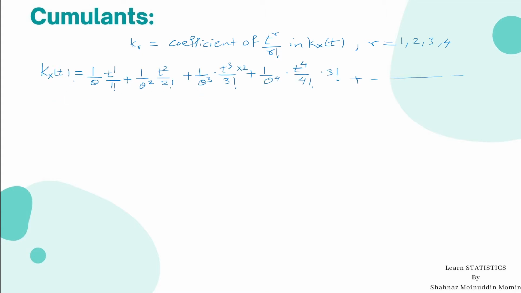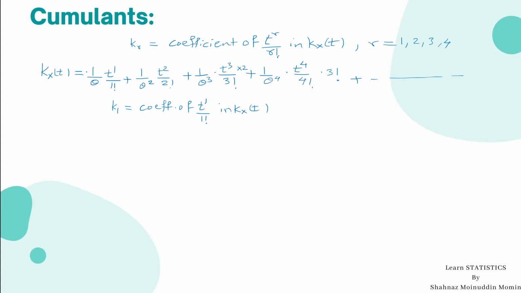Here I have written the cumulant generating function expression. So we shall calculate the cumulants one by one. Let us start with the first cumulant, k1. Here the notation of cumulant is small k. k1 is equal to the coefficient of t raised to 1 divided by 1 factorial in K_X(t).